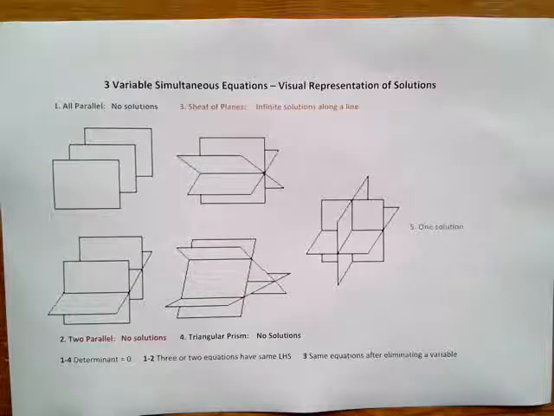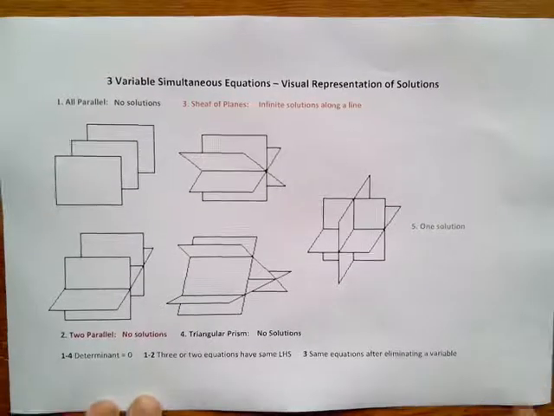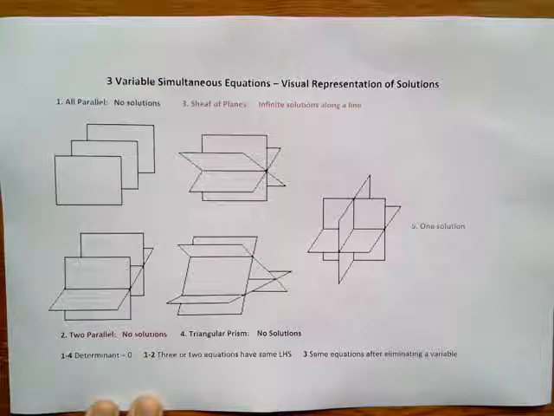When you go to solve 3 variable simultaneous equations, you will be in one of these situations, and you need to know which one you're in from what happens when you go to try and solve them.